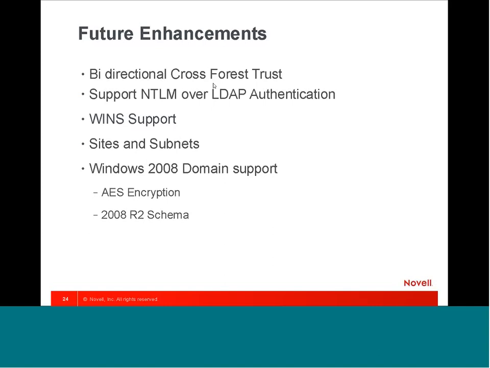So that's where the restrictions come in. There's a project, I believe it's called NSS for AD, that is eventually being worked on. When that comes out, then we'll have full bidirectional trust capabilities. So right now it's somewhat limited.